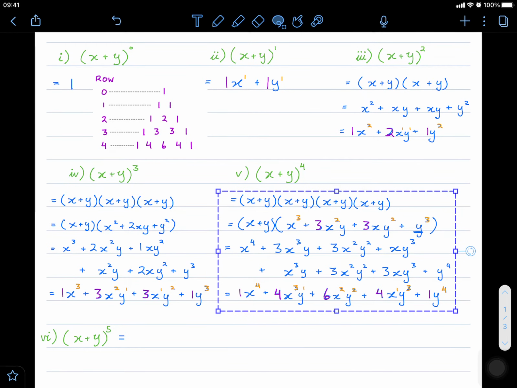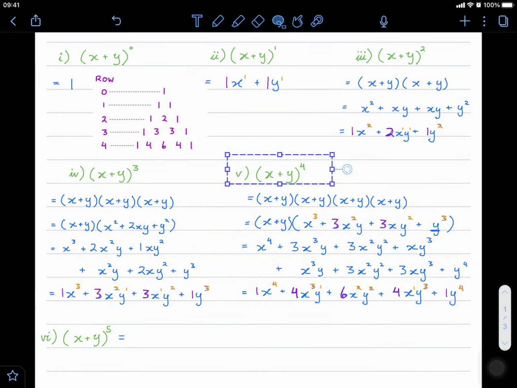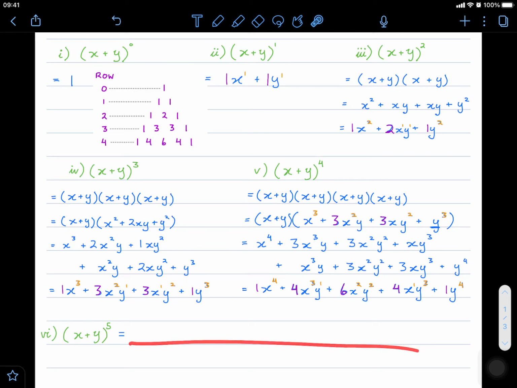Let me just move this across, not to get mixed up. There we go. So pause the video and see if you can see any pattern at all and figure out a quick expansion of this. Okay. I'm going to make the assumption that you haven't found the next pattern.